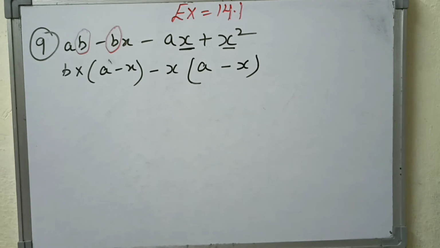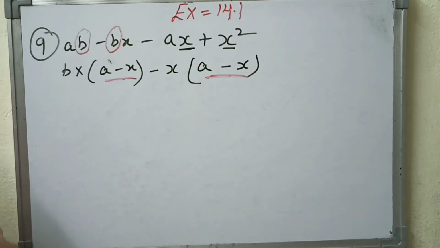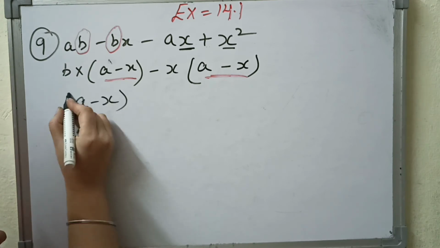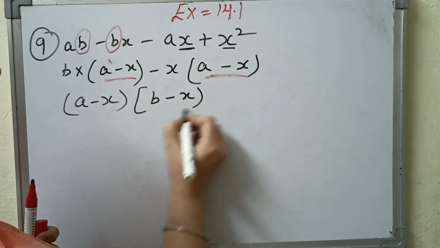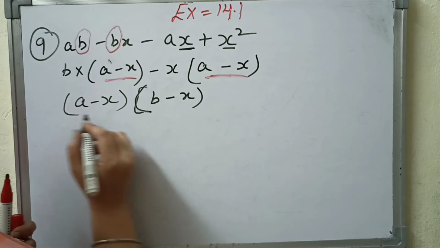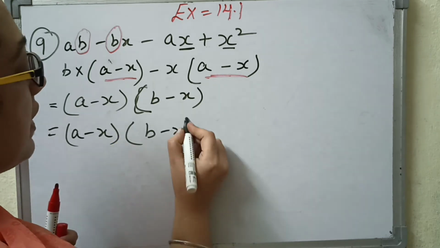Again a minus x is common in both the terms, so a minus x is written outside, and inside the bracket the term which is left is b minus x. So its answer is a minus x and b minus x.